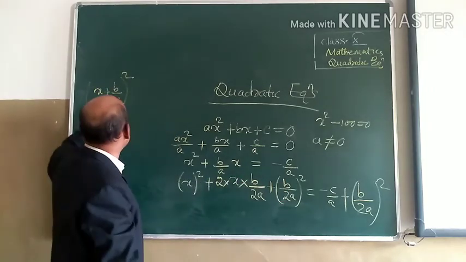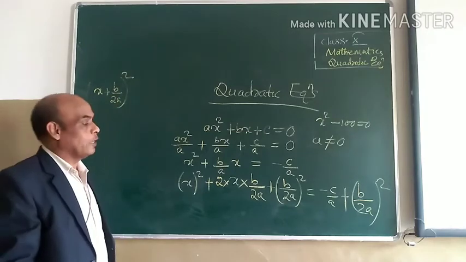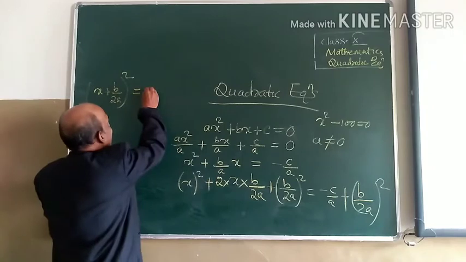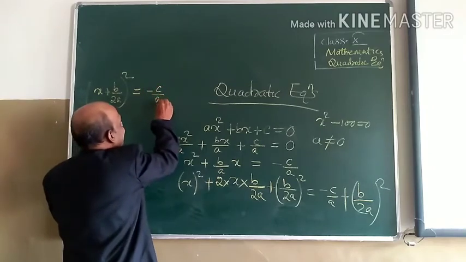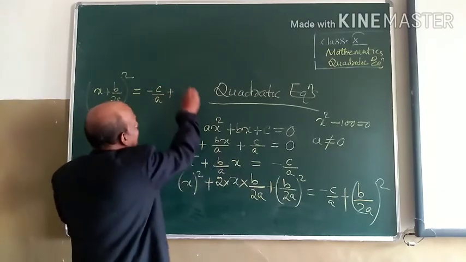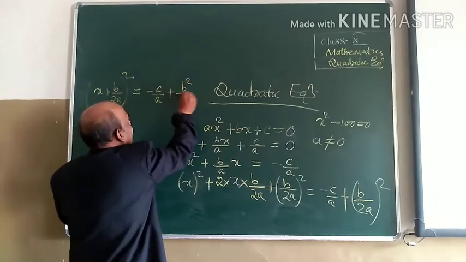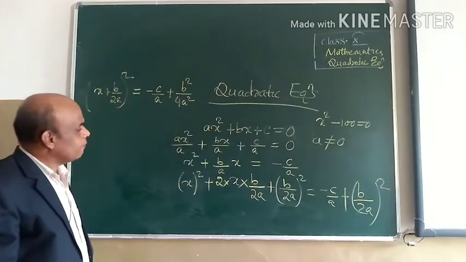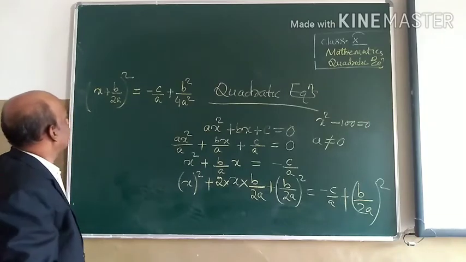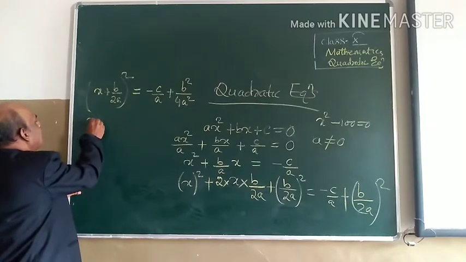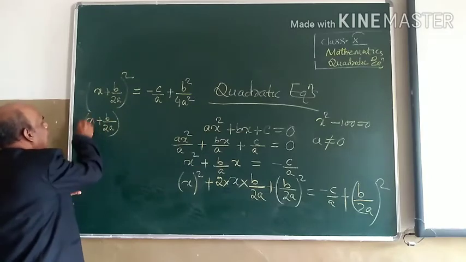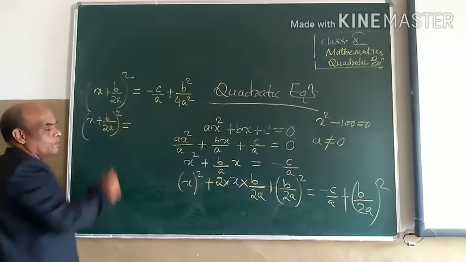So I will write (a plus b) whole square is equal to, and that calculation gives minus c by a plus b square by 4a square. So I will write (x plus b by 2a) whole square is equal to.